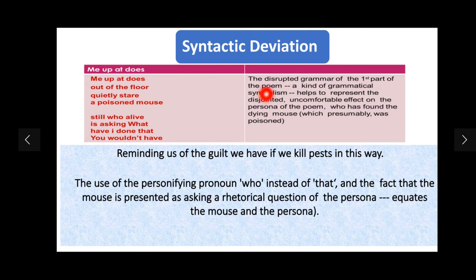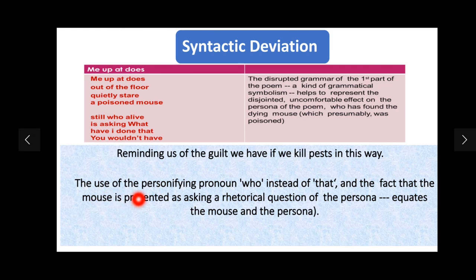So the disrupted grammar of one part of the poem, a kind of grammatical symbolism, helped to represent the disjoint, uncomfortable effect on the person of the poem, who has found the dying mouse which presumably was poisoned, reminding us of the guilt we have if we kill pets in this way.